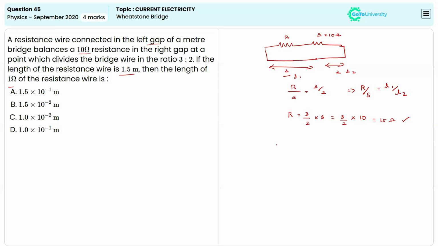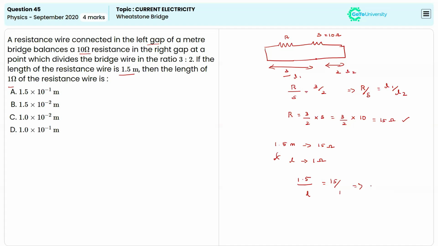So here it's given in the question for 1.5 meter, so from this we can say for 1.5 meter, the resistance will be 15 ohm, right? And the resistance is 1 ohm from the question. So now we can write 1.5 divided by L, just doing the ratio here, 1.5 divided by L will be equal to 15 divided by 1. Again, we are using the balancing equation of the meter bridge.